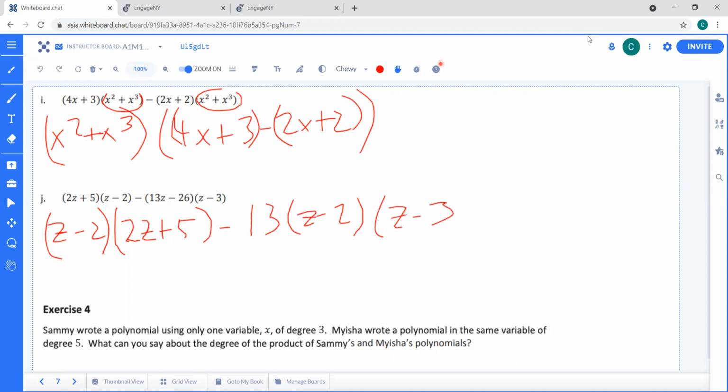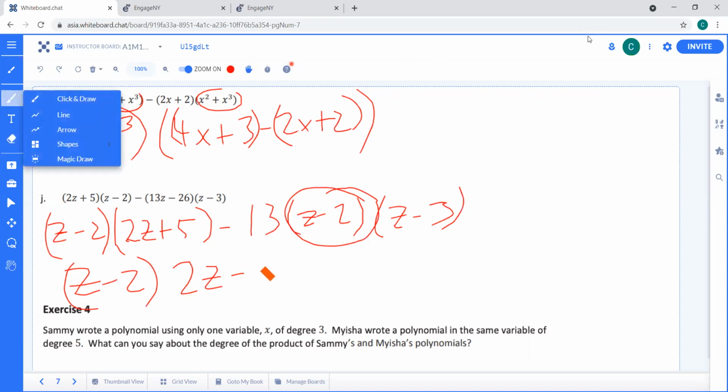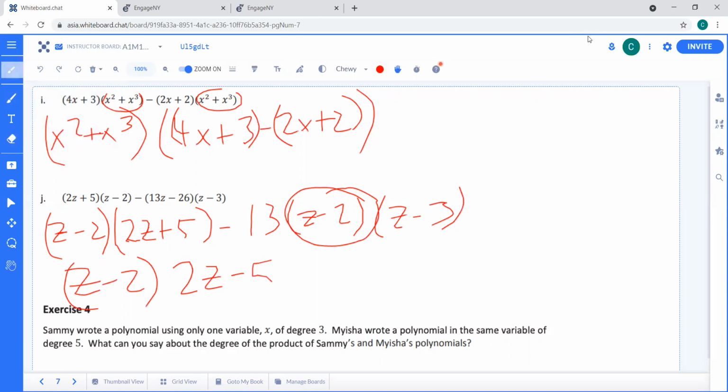Okay, so then, since now I have this term, I can rewrite this as z minus 2 times 2z minus 5, minus 13 times z minus 3.